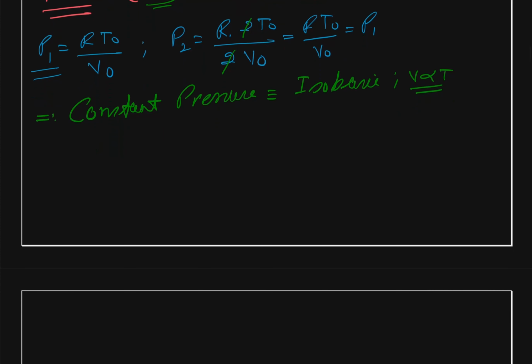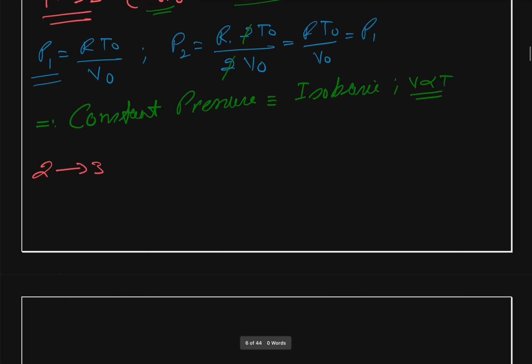Let's go to the next process, that is from 2 to 3. In 2 to 3 we have twice V0, twice T0, and it goes to twice V0 and T0.